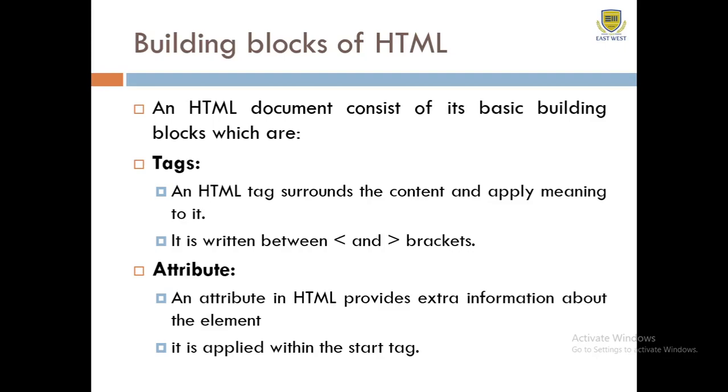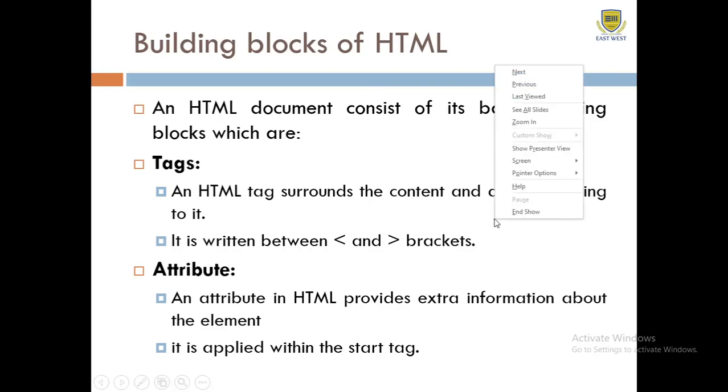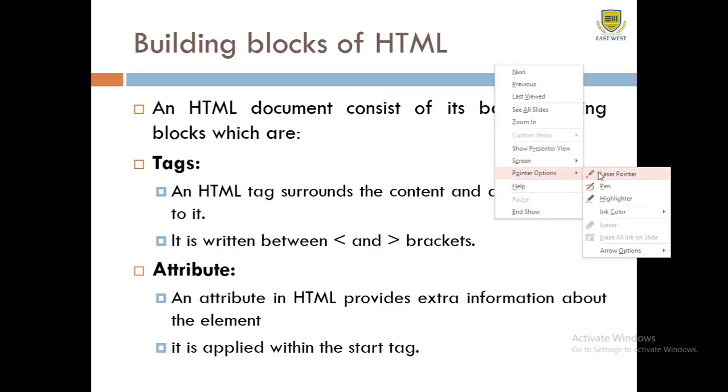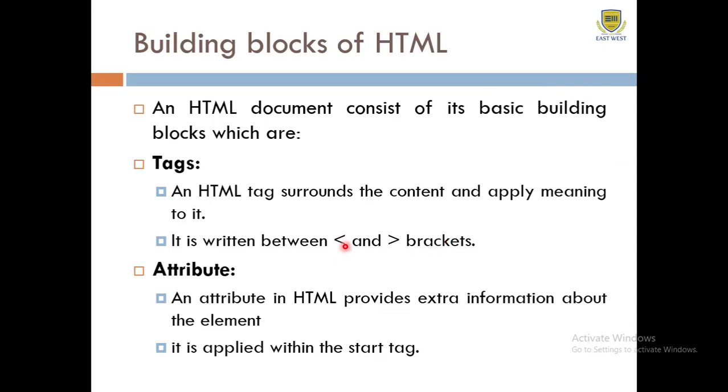First one, tags. An HTML tag surrounds the content and applies meaning to it. It is written between the opening angular bracket and the closing angular bracket. Let me go with a laser pointer so that I can point it out.